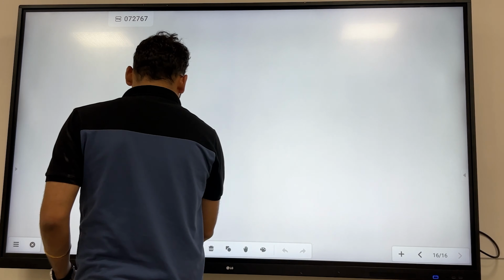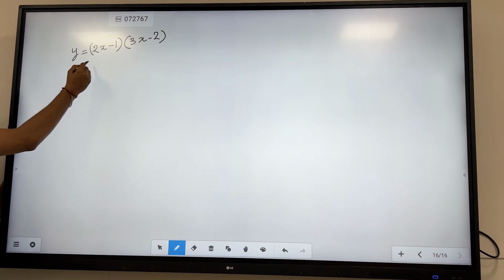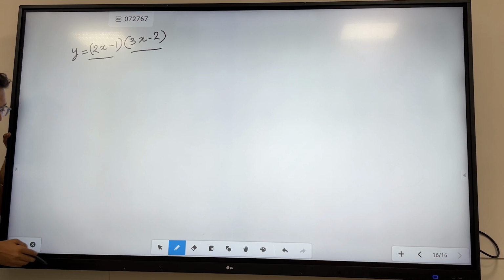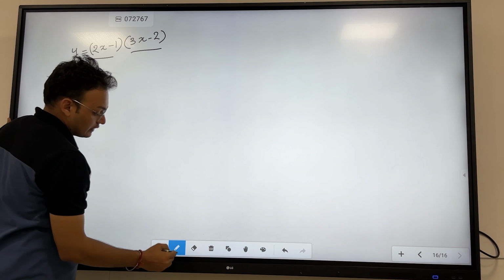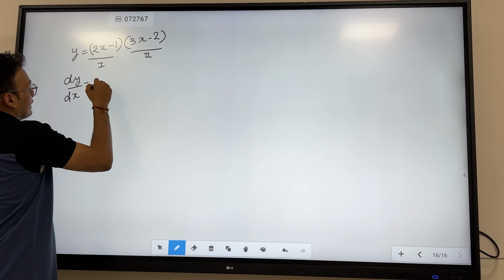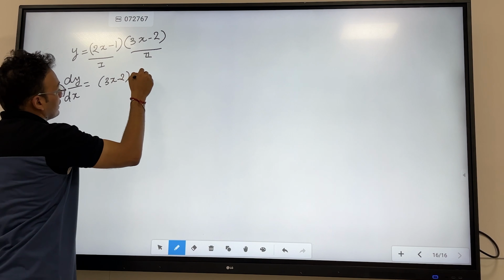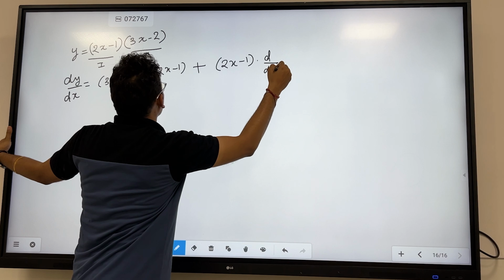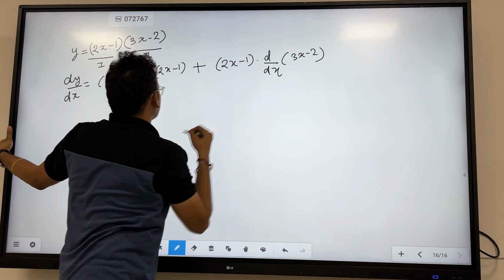let's discuss the product rule. We can see that this is the product of two functions, right? Now, can I say dy over dx is equal to, now this is the first function, this is the second function. So for a product, can I write the second function as it is times the differentiation of the first function plus the first function as it is times the differentiation of the second function, right?